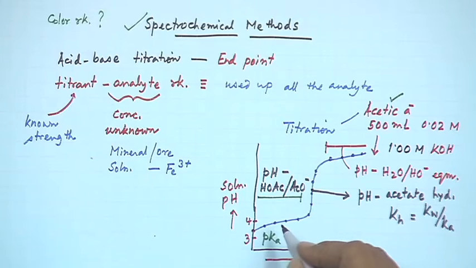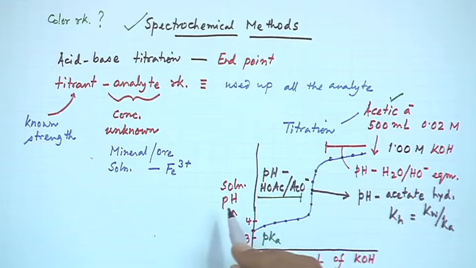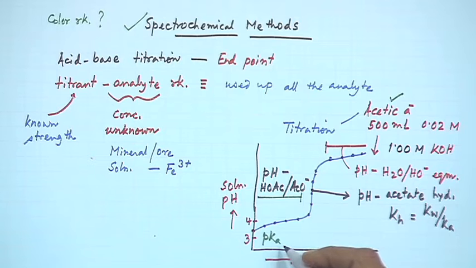So, what we see from all these examples is that whatever we are doing, we are talking in terms of certain chemical equilibrium and then the control of the corresponding pH, which is again related to the pKa values by the Henderson-Hasselbalch equation that we have seen so far.